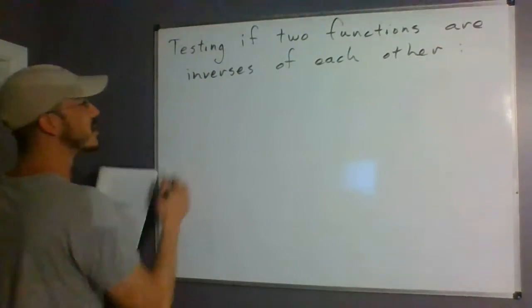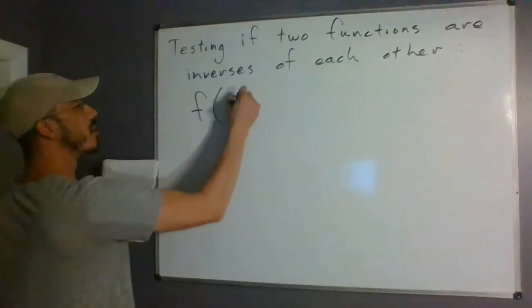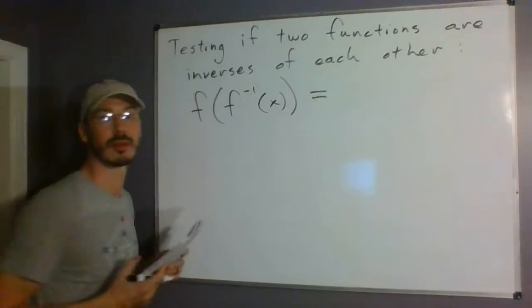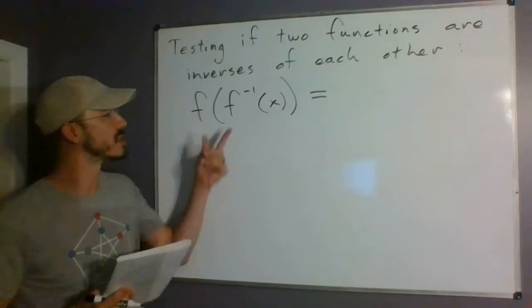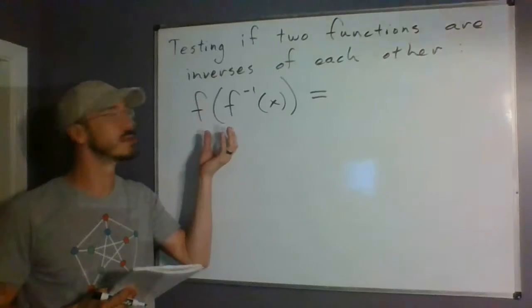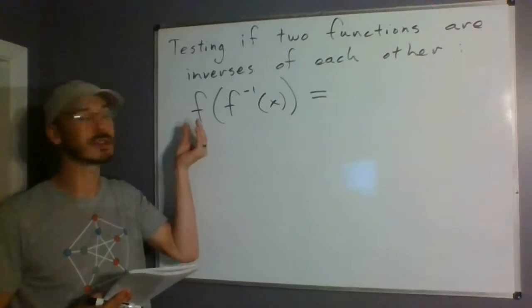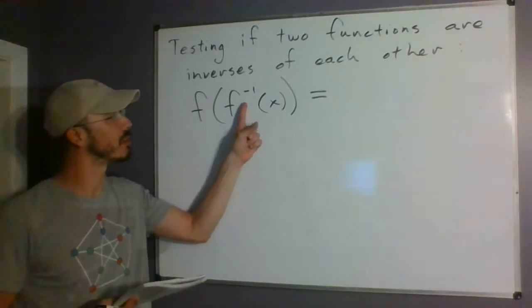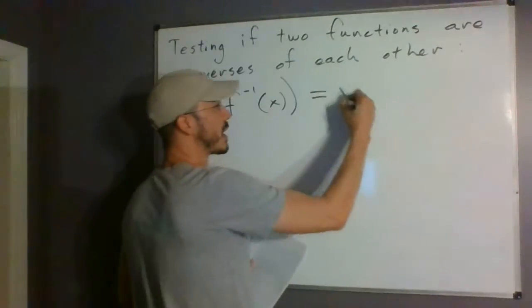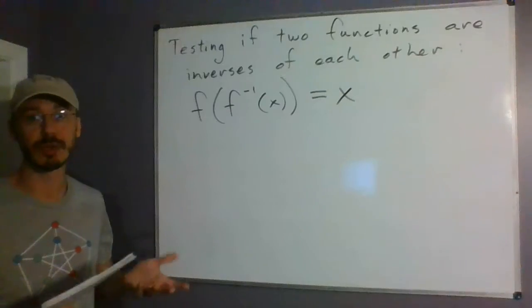And it works like this. If you do f of f inverse of x, so this is the composite function. I'm not using the little circle notation here, but it is plugging a function into another function. And what happens is, whatever the inverse function does to this, f does the reverse, and we get right back to whatever that input is.